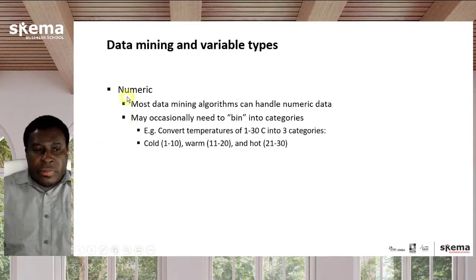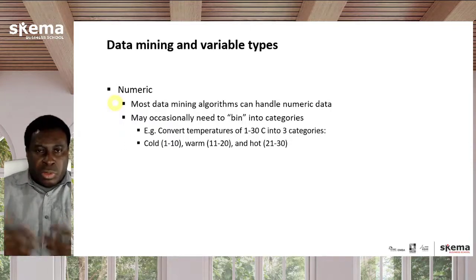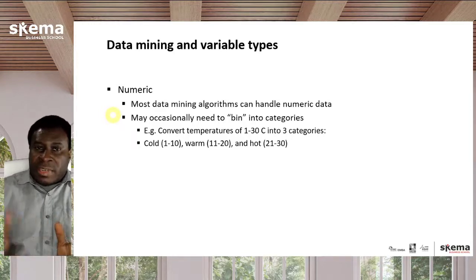When you look at numeric values, most data mining algorithms can handle numeric types. There's very few that don't. So when you're dealing with numbers, you can run it on almost any technique. However, it is worth noting that sometimes you might need to convert your numbers into text categories, which is usually called binning, where consecutive numbers are converted into categories.